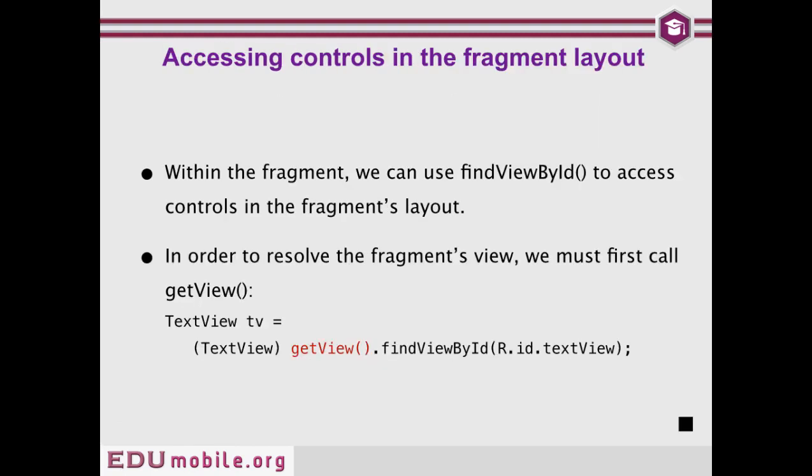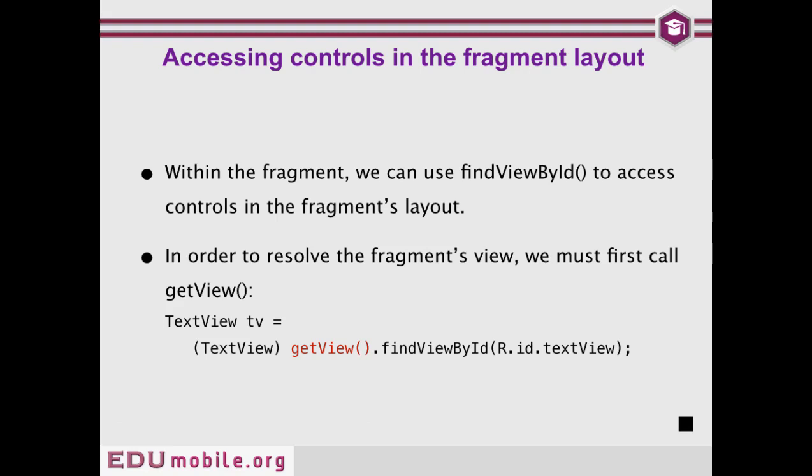So how do we access a particular control within a fragment? Well, we can still use findViewById, but there's kind of a hitch here. In order to find the view, we need the layout of the fragment. And so we need the root view of that fragment's view. So we need to call getView in order to resolve that root view.